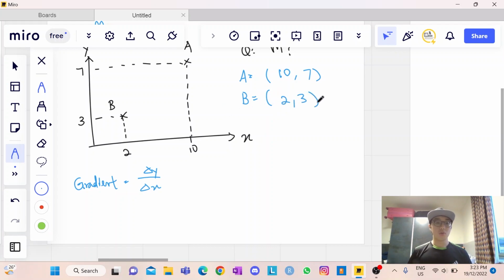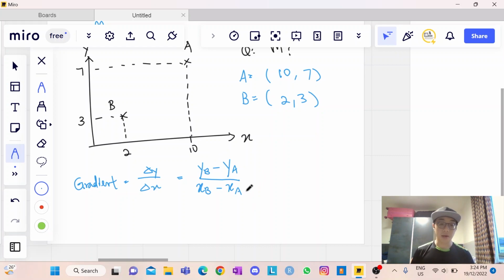Now you are to look for the gradient, which is a change in y. What is the change in y from this coordinate to that coordinate? We say the y of B minus the y of A, and the whole thing is divided by the change in x, which is the x coordinate of B minus the x coordinate of A. This makes sense.